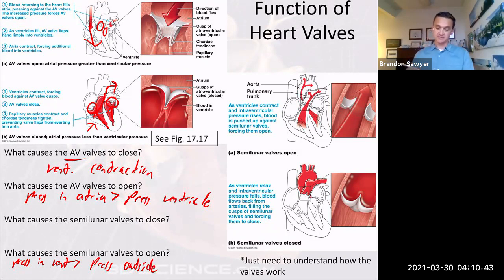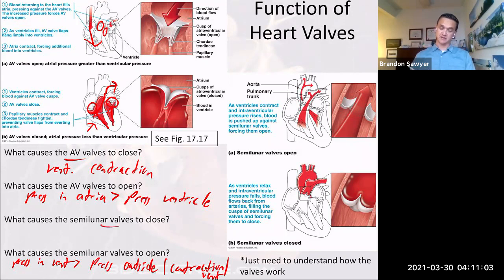And what causes them to close is just the opposite. So this definitely happens during contraction of the ventricles, right? But the higher the pressure is on the other side of that valve, like the higher your blood pressure is, the harder it is to open up that valve and get the blood to leave.